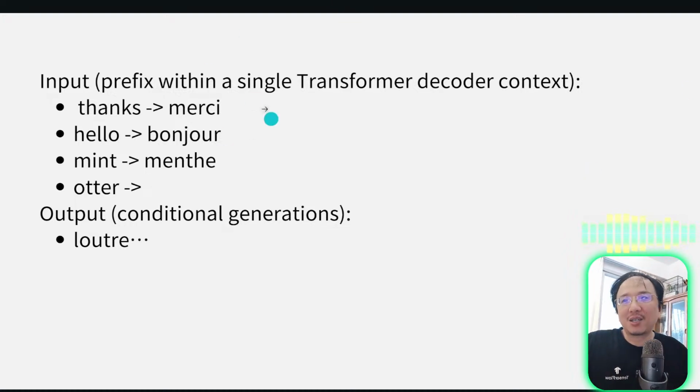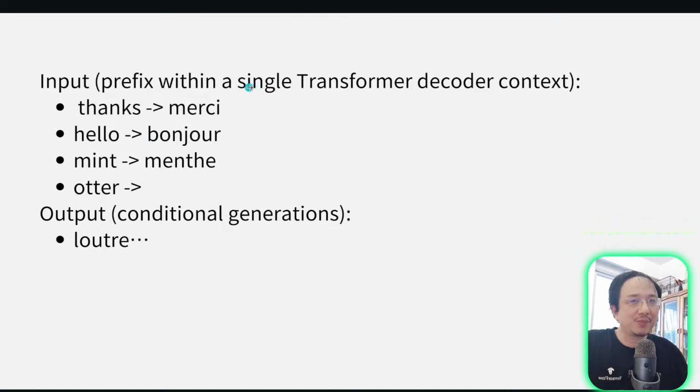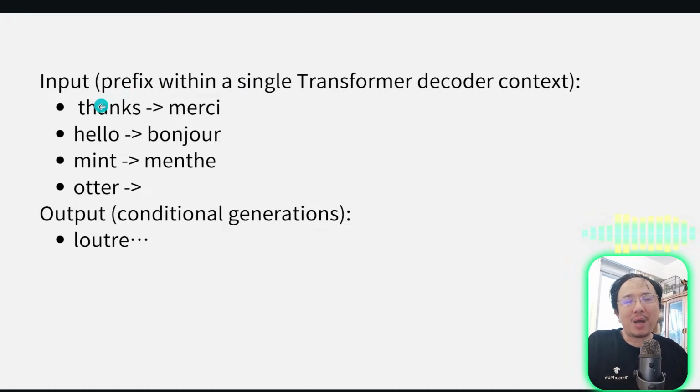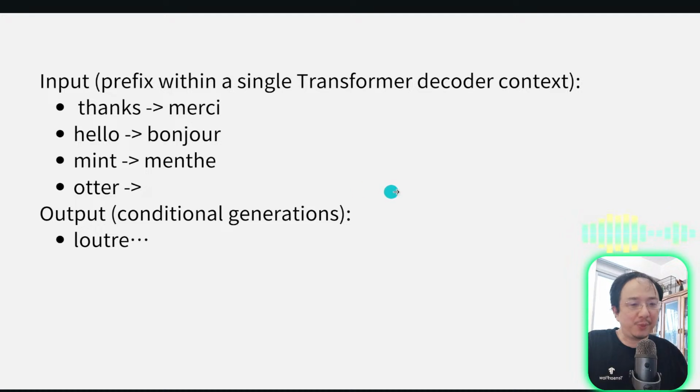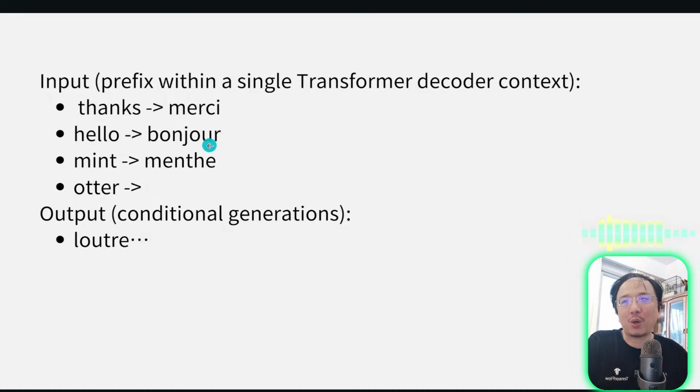If you give this example, even though this kind of thing does not exist in the training data, because the training data might be something like Wikipedia or articles, it will figure out what you mean.